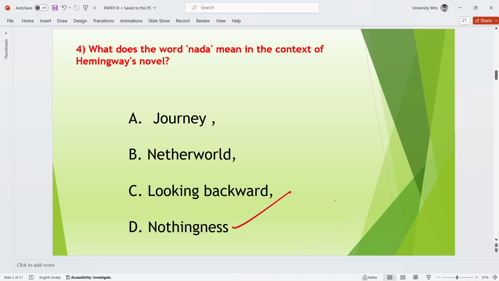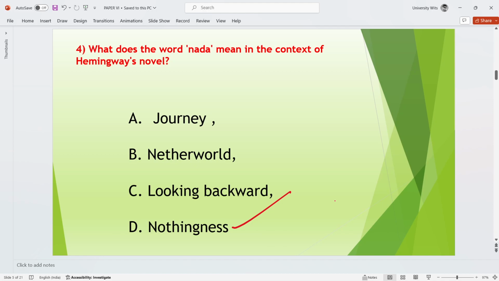And netherworld actually implies a specific afterlife, which actually is not the focus of nada. Okay, nada, whatever you say, fine.